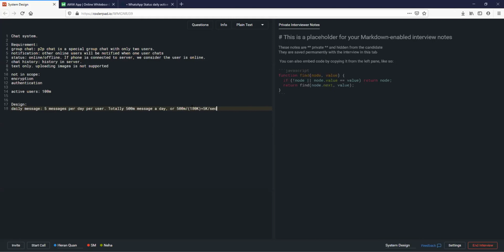So this is a very good reason we need to distribute our system, and the peak can be 3 times the current number, so it's 15K per second. We also want the system to have some basic reliability, which is another reason to distribute traffic across different machines.